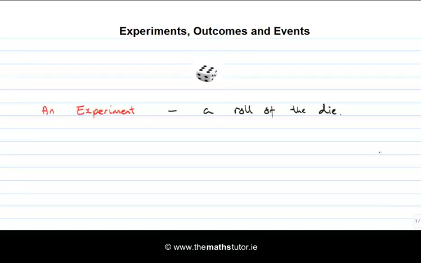Okay, so let's explain some of the words that we use when we're talking about probability. In this context, we might say that an experiment is a roll of the die. We could do many experiments if we want, but a single experiment here is just a single roll of the die. Whenever we do an experiment, we have possible outcomes. In this case, the possible outcomes are 1, 2, 3, 4, 5, or 6.